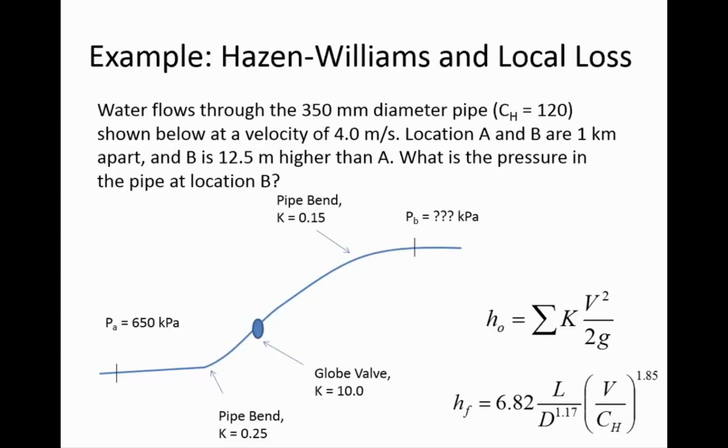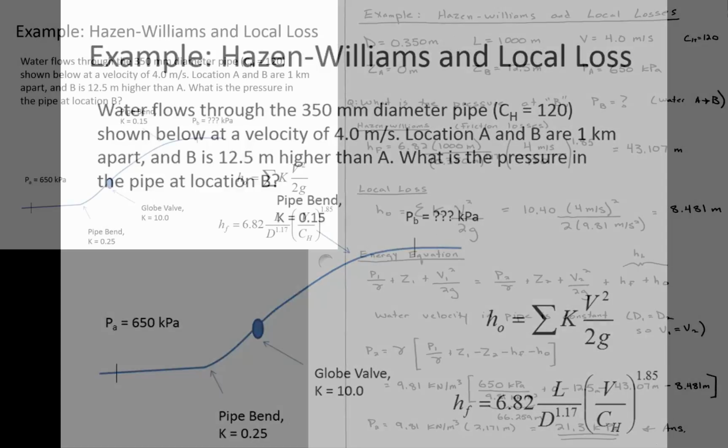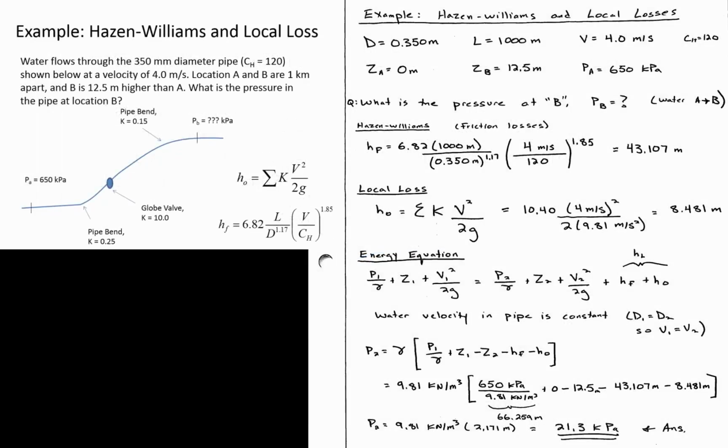So the water is flowing through this pipe from A to B, and what we've said is let's have this location A be our elevation datum so that all elevation is measured above this location. So ZA is going to be 0, and that means that ZB is going to be the 12.5 meters higher that's mentioned in the problem statement.